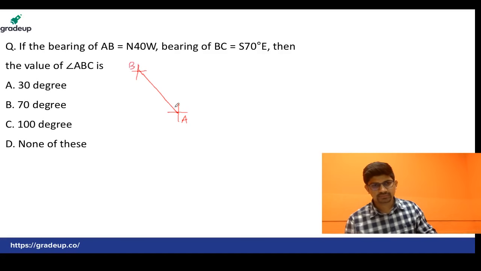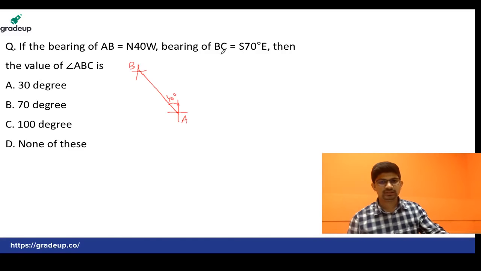This is B. Now the bearing is 40 degree here. Now from B to C is south 70 degree east.